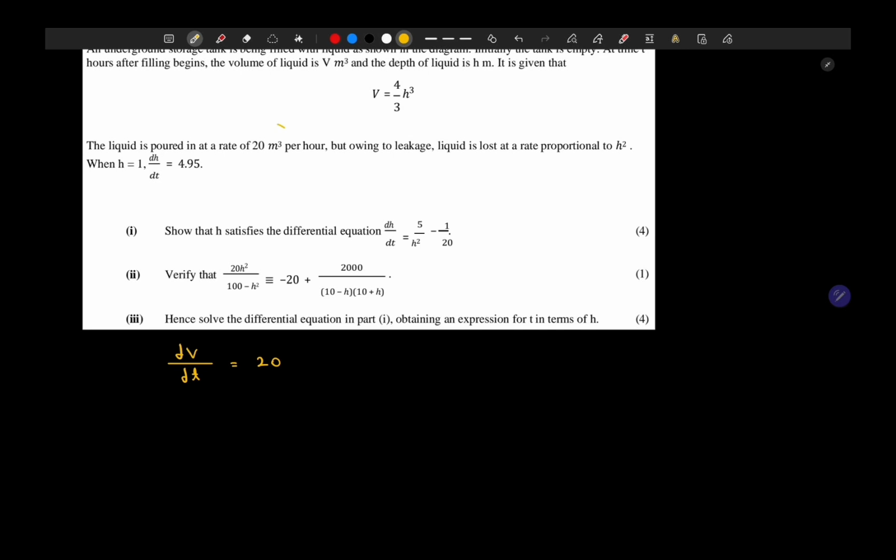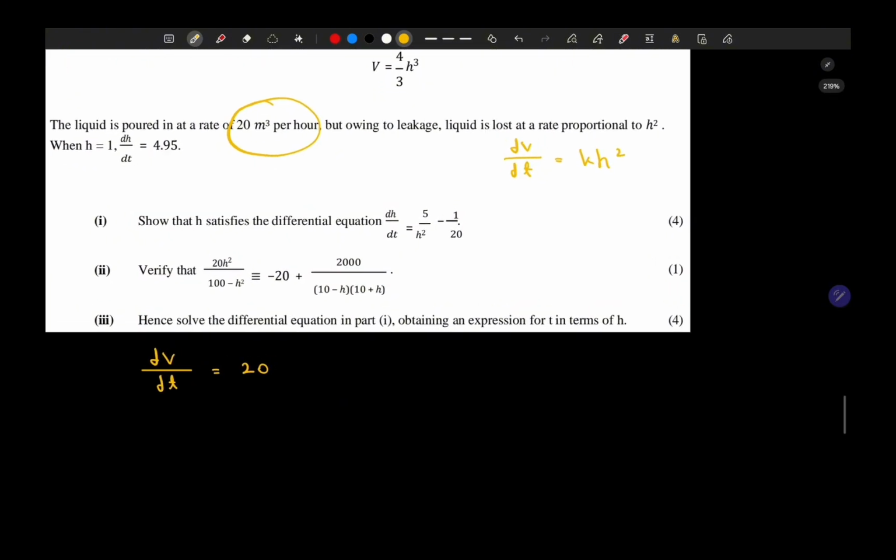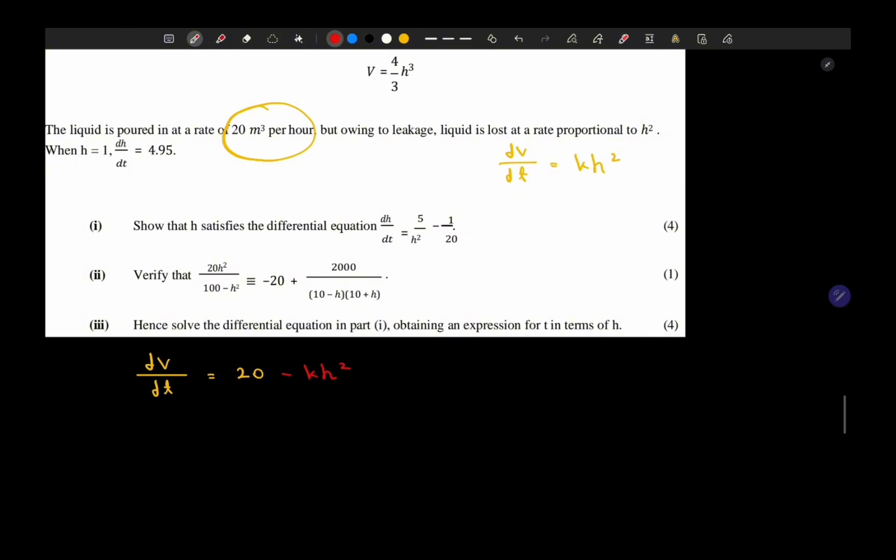So the input value of dV over dt is 20, and the output value is proportional to H squared. So the output of dV over dt is equal to k H squared. So if I want to find the overall value of dV over dt, it's 20 minus k H squared. So that's the overall value.